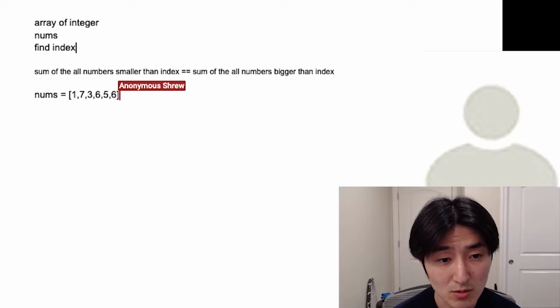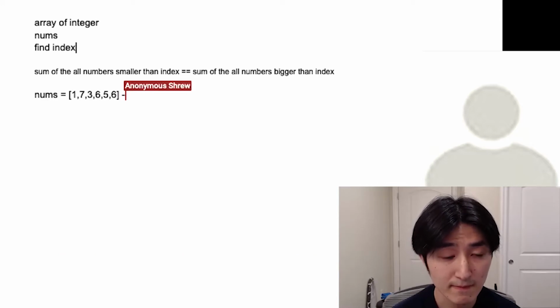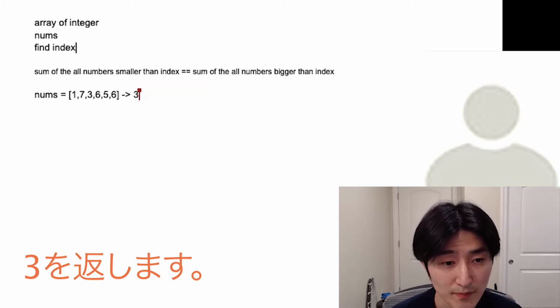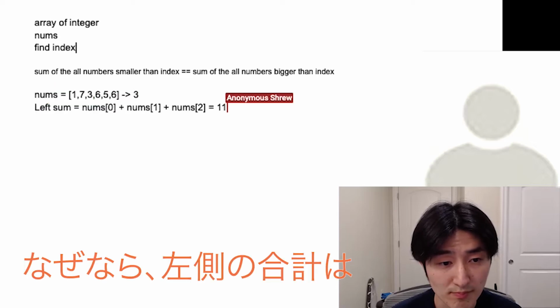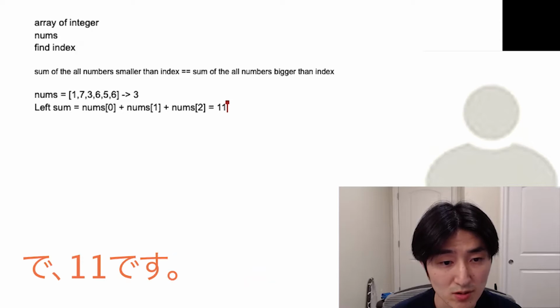So with this example, you will return 3. Because the left sum, numbers 0, 1, 2, is going to be 11.